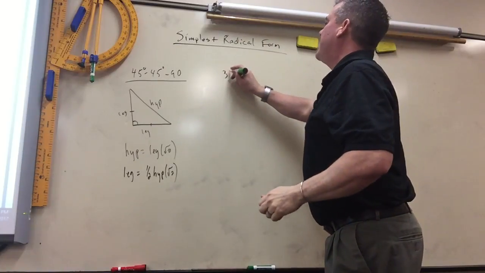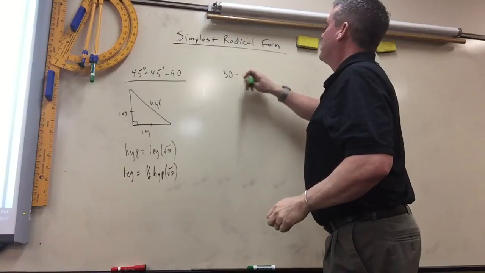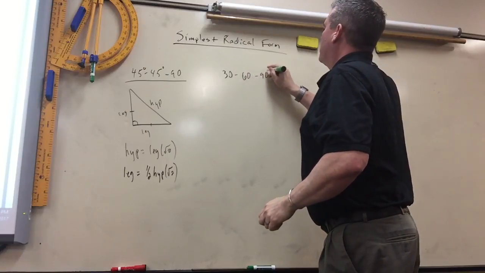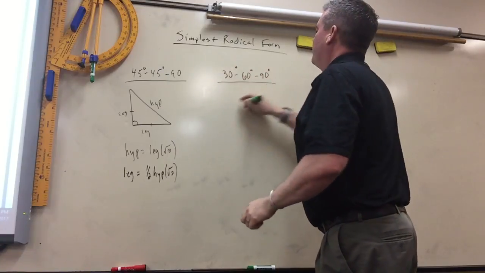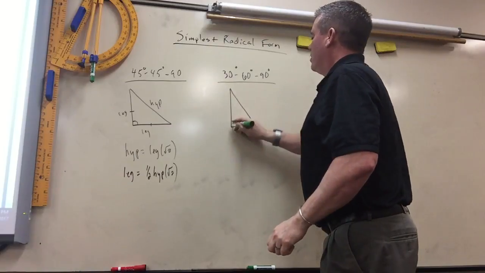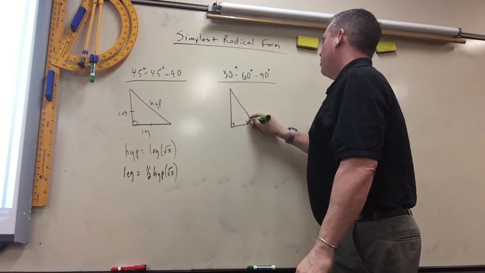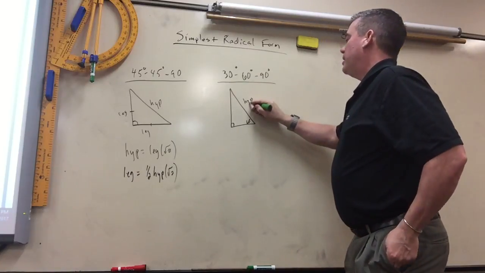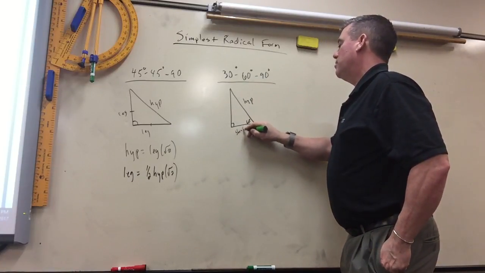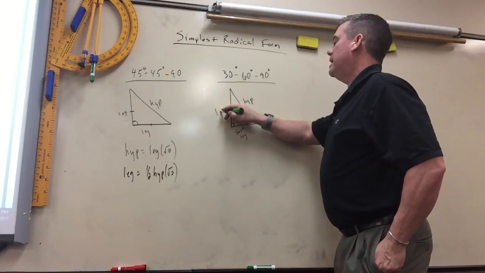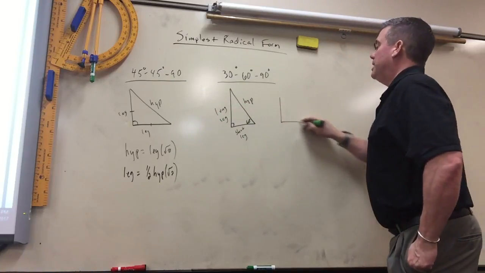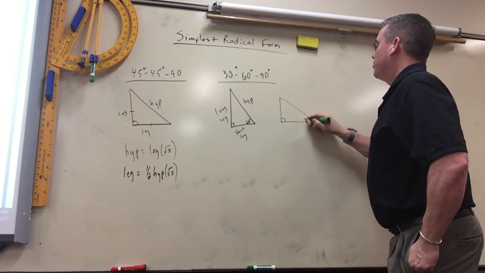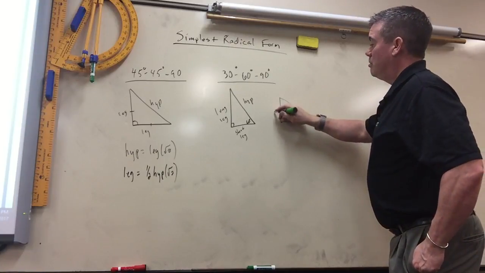The 30-60-90, you have the hypotenuse, and then there's a short leg and a long leg. So the easiest one is if they give you the short leg.